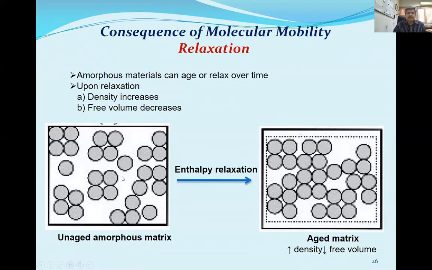So one of the ways by which the amorphous systems relax is by losing the excess enthalpy which is there in the amorphous form. So this is the unaged amorphous matrix or amorphous sample.